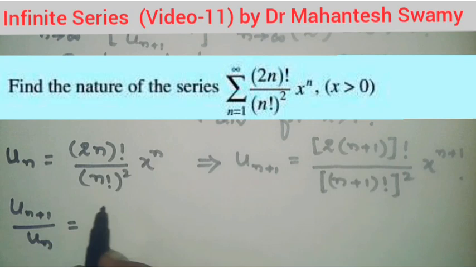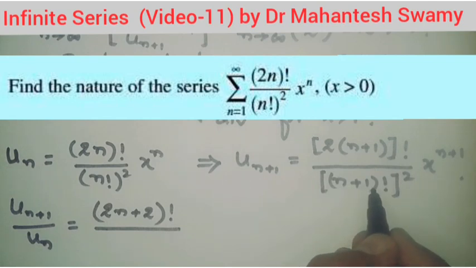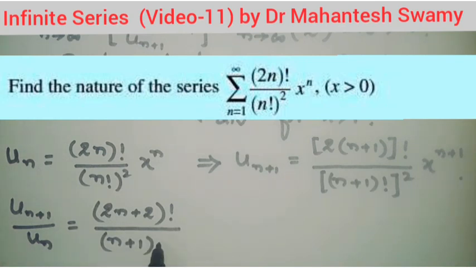So it is going to be (2n plus 2)! divided by (n plus 1)! whole square as it is, x to the power n plus 1 as it is. So I have written un plus 1 as it is.